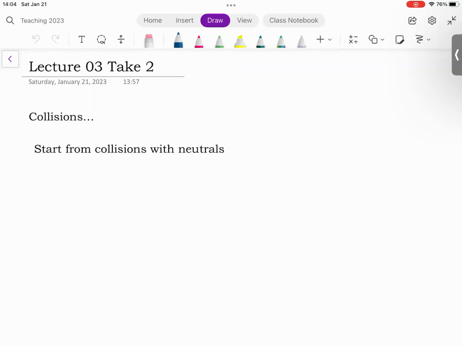or in the plasma. The way we characterize collisions is through one fundamental quantity, the collision frequency, indicated with the Greek letter nu, which has that shape there. There it is, our Greek letter nu.